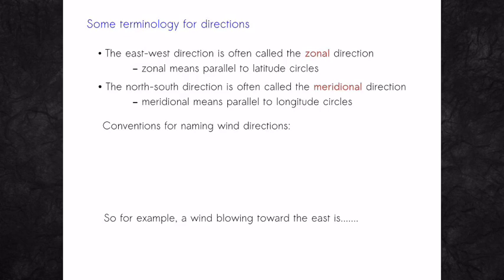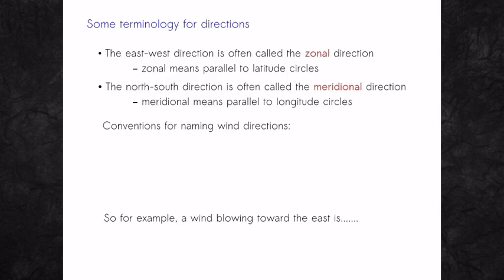Okay, so to get started, let's first talk about some directions, which we're specifically going to use to refer to directions that the wind is blowing. So some terminology for directions that we use in atmospheric sciences. There are two different ways of talking about directions in meteorology and atmospheric sciences. The first way is explicitly tied to directions on a globe.